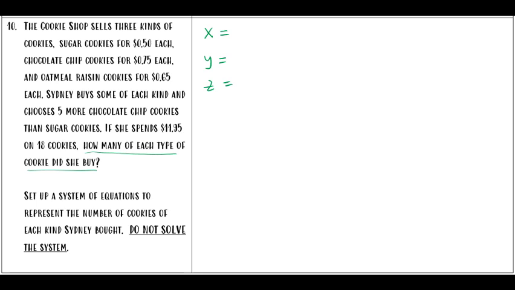I'm going to let each one represent the number of cookies that she bought of each of the different types. I'm going to let x equal the number of sugar cookies she purchases. I'm going to let y equal the number of chocolate cookies, and I'm going to let z equal the number of oatmeal raisin cookies.